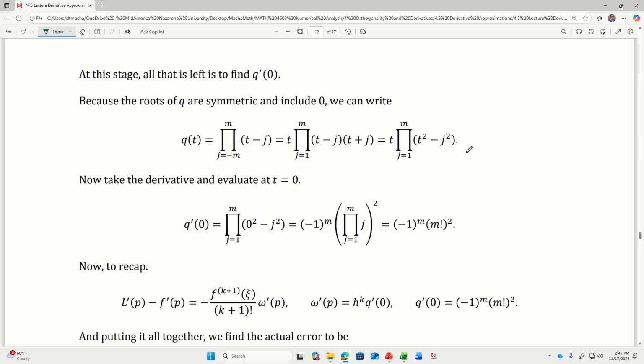And it's the same product. I also put a little t factor for when j is equal to 0, right? t minus 0 is just that t factor out front.